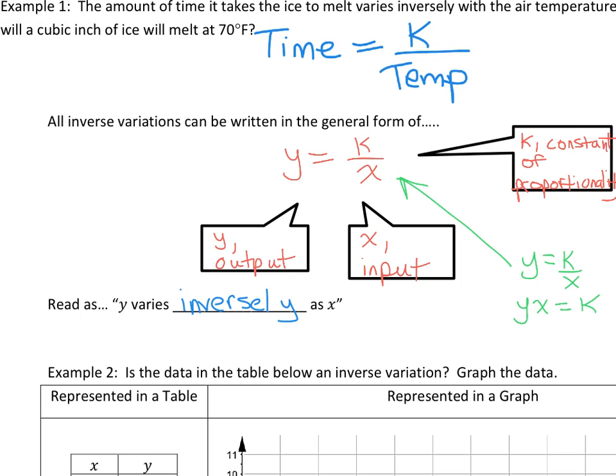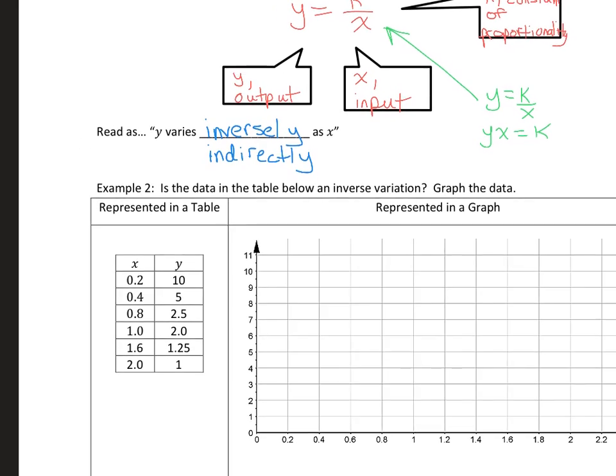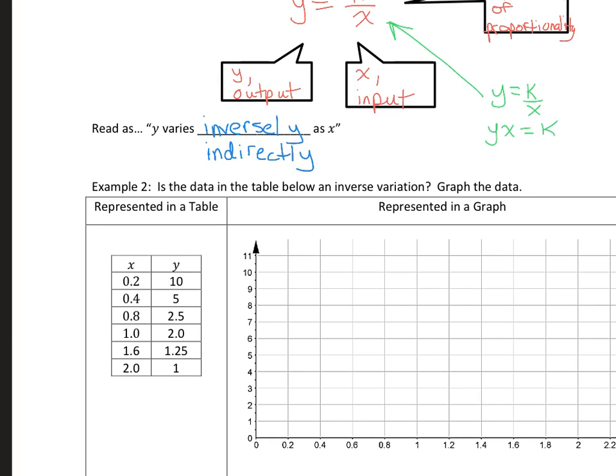Another phrase you might also read in a paragraph would be indirectly. So if you saw indirectly, you would translate in the same way. All right, so just as we did with direct variations, we're going to look at a set of data and determine if it's inverse or direct, and we will do that by solving for that constant.